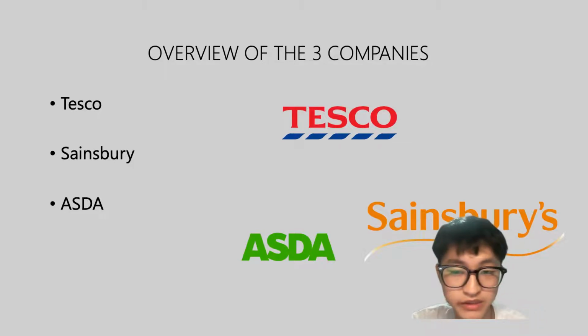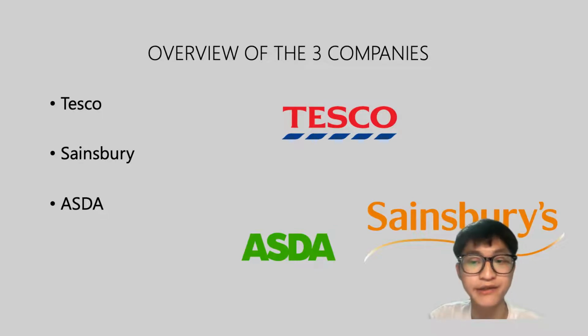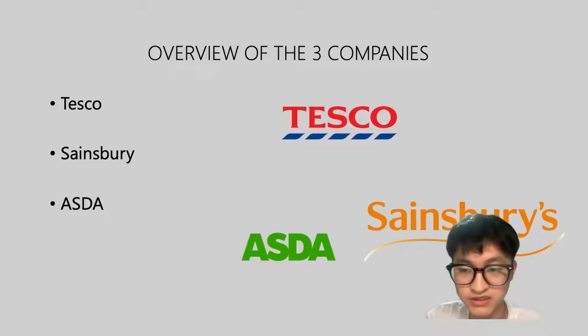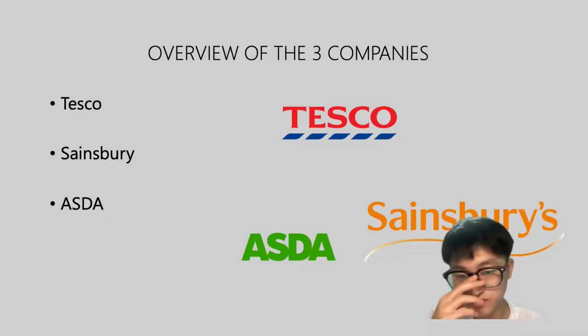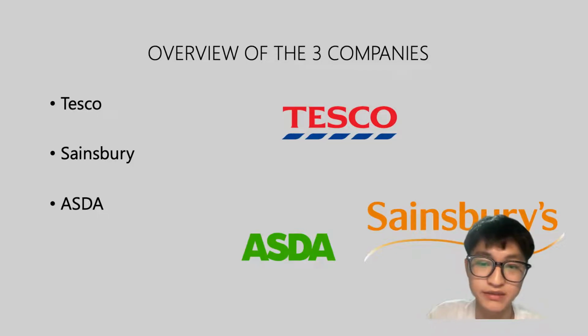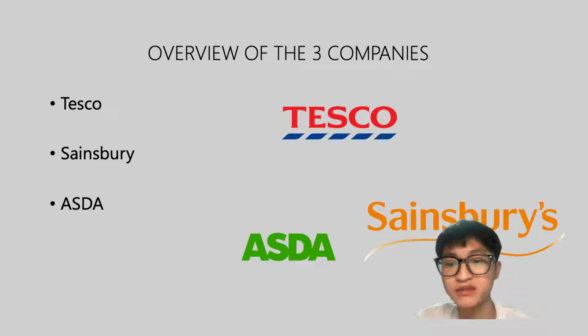For instance, in 2020 to 2021, Tesco had 49,000 tonnes of food surplus, and Sainsbury's had 36,000. And lastly, we have ASDA, which had 31,000 tonnes of food surplus.